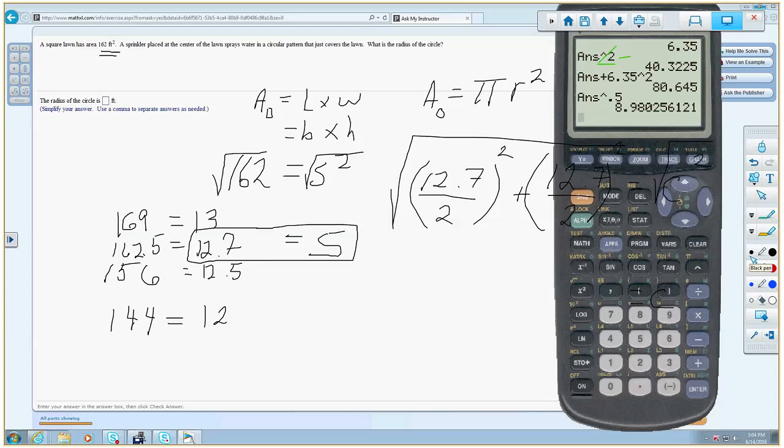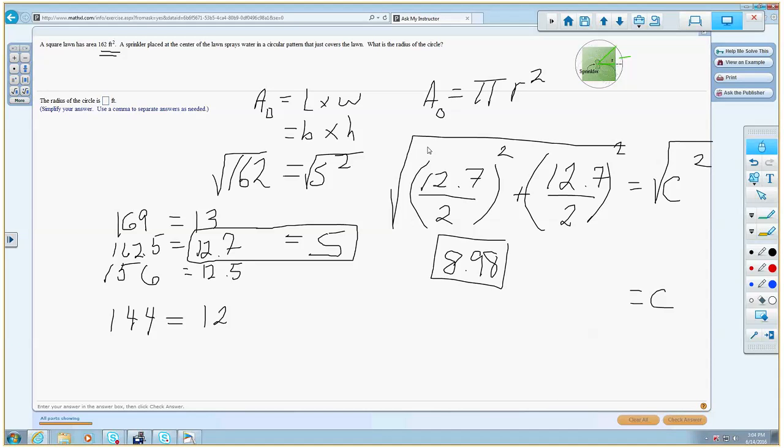So when you do this problem, it should be around 8.98. Now I did some rounding, so mine's probably off, maybe around 9. I say it's 9 because of rounding. Okay, so that's that problem.